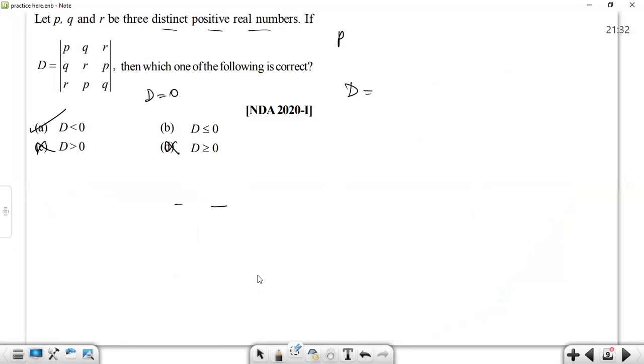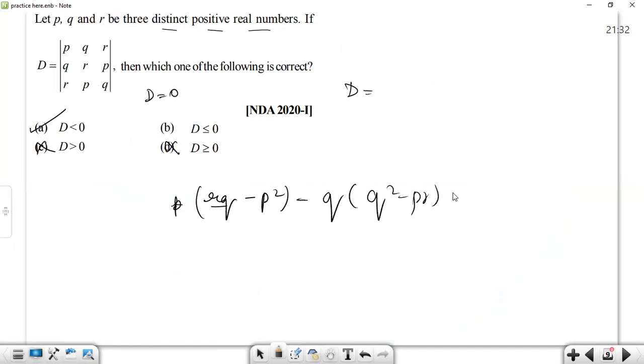Okay, so let's expand the method then. Let's expand the determinant given to us. P into (RQ minus P square), minus Q into (Q square minus PR), plus R into (PQ minus R square).